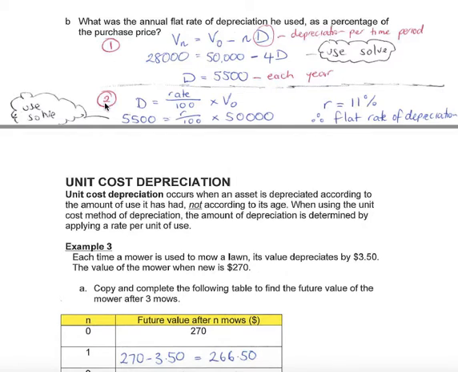So the second step, once you've found that, is using that depreciation here and finding the actual rate. So we put that into our general formula here, times it by the initial value, divide by 100, and you'll find that the flat rate of depreciation is 11% per year.